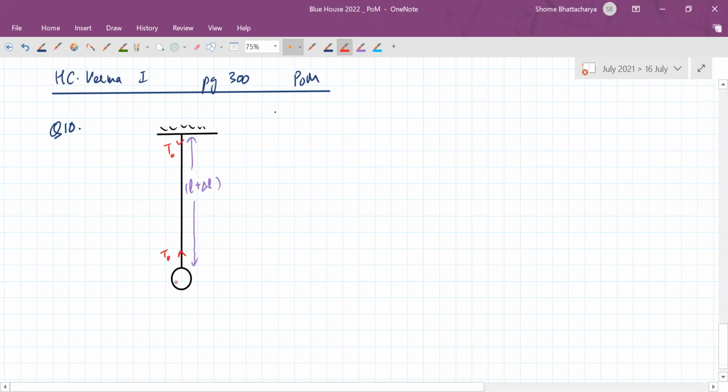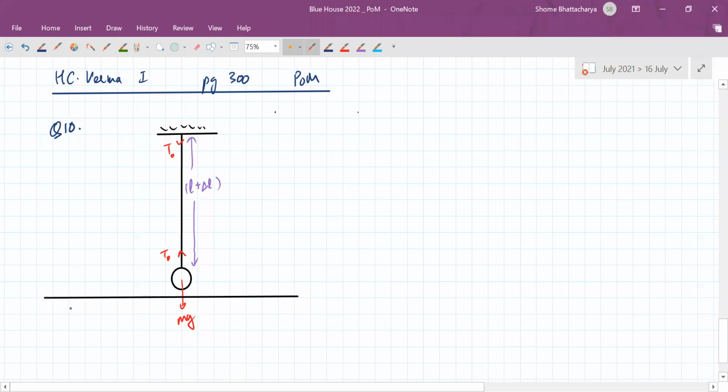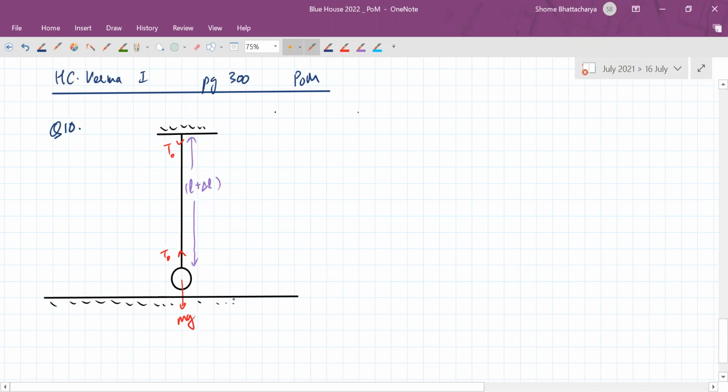Let's say this was a tension T naught originally. And in this case, there is a gap between the floor and the sphere. Sir, the wire is unstretched? Unstretched length is given to you. It's not saying it's unstretched. How can it be unstretched when you are suspending the weight? Unstretched length is that much.